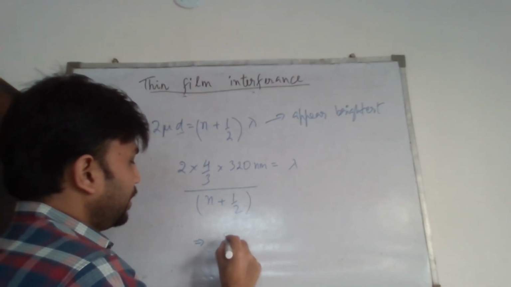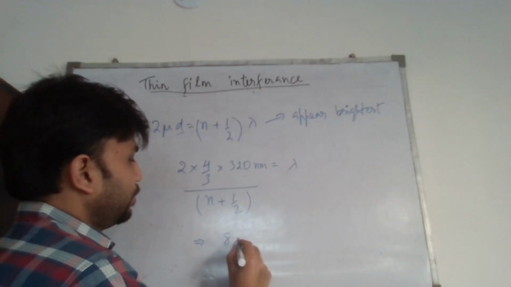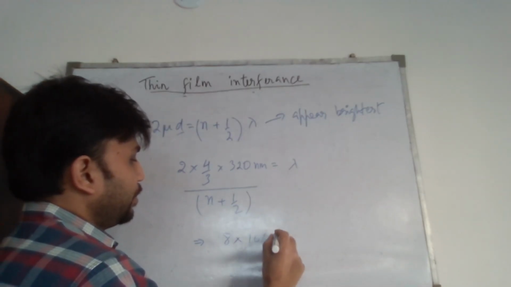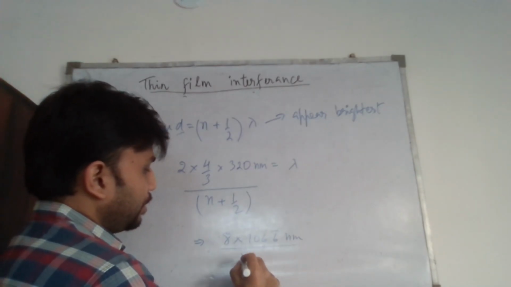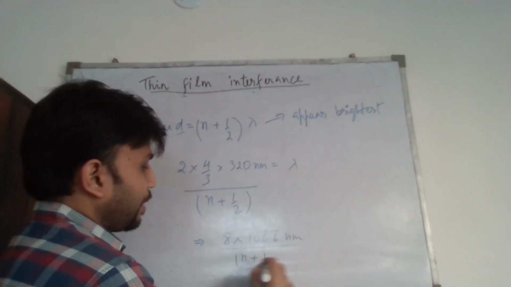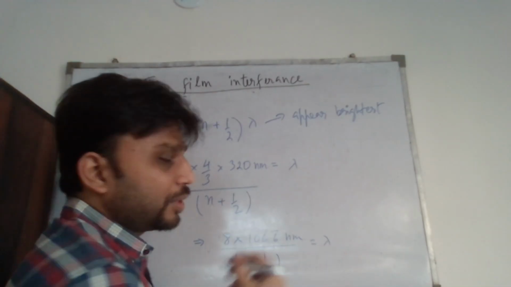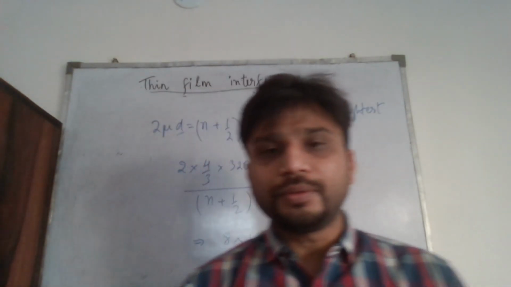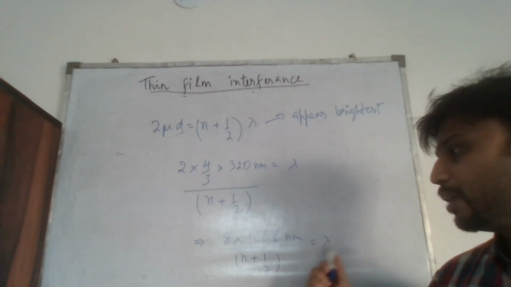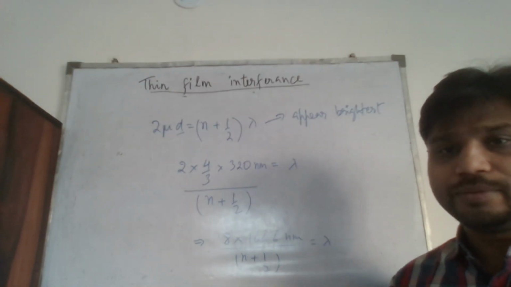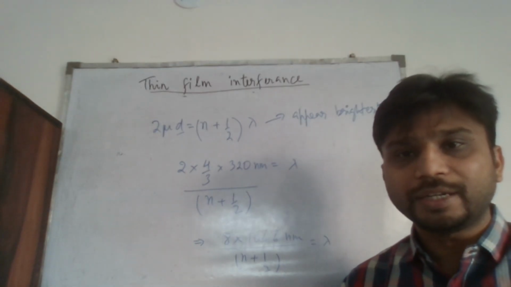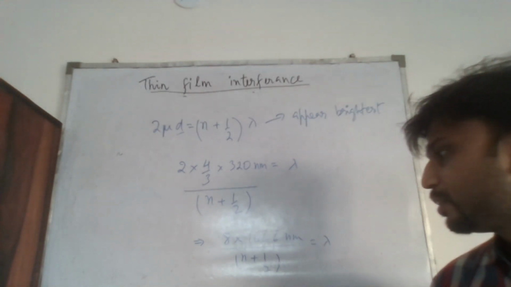So this gives us 8 into 106.6 nanometers. This is half. So the key part of the question is we have to find those values of lambda for which this value lies between 400 to 700 nanometers approximately.